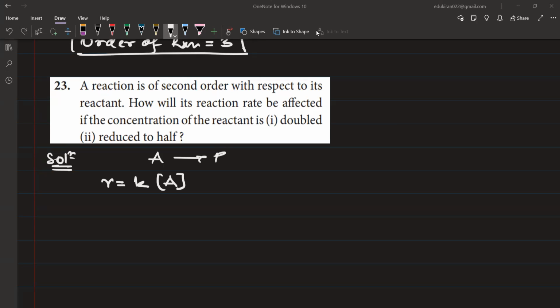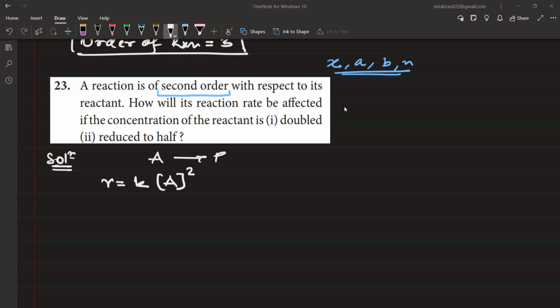Yes, correct. It will not be 2n, Nawal, it will be just 2. The order of reaction is given to you here. When you have to find it, you can take any variable: x, a, b, n, anything. Got it, Nawal? They have already given a second order, so here we will write 2.